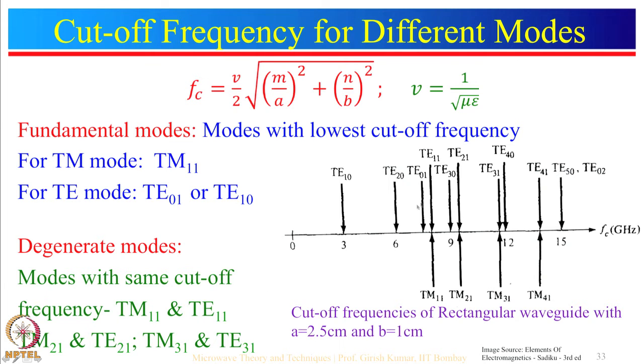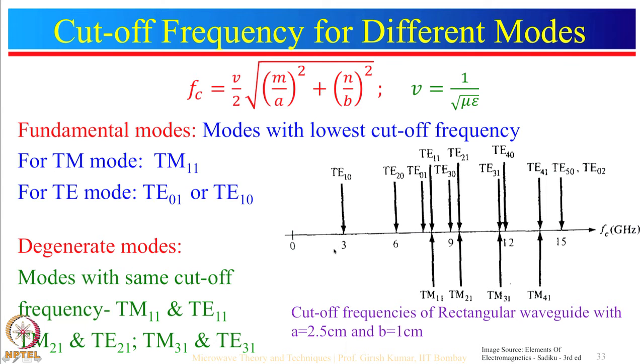Now let us see the graph of cutoff frequencies. This plot represents the cutoff frequency of a rectangular waveguide with a equal to 2.5 centimeter and b equal to 1 centimeter. For TE10 mode the cutoff frequency for this waveguide comes out to be 3 gigahertz. For TE20 mode it is 6 gigahertz. Similarly for other modes we can calculate.